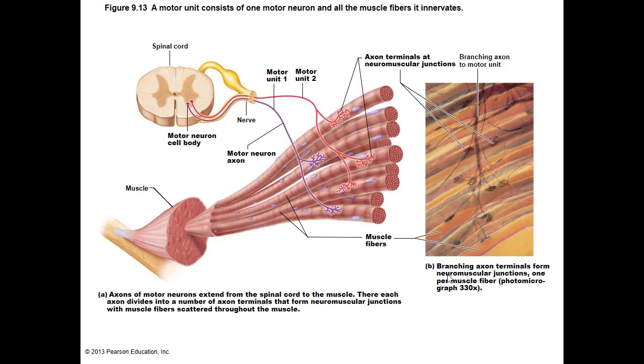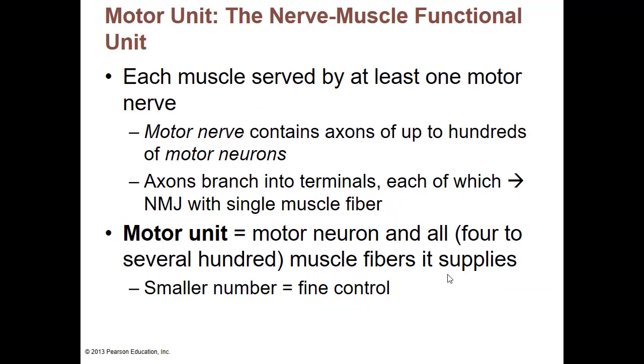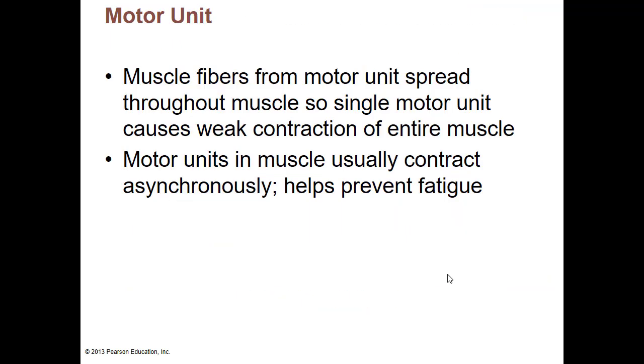So it causes a very small contraction in your muscle, almost to the point you're not even going to see it. If I'm telling my muscle to contract, I might be contracting, but you don't see it, only because just a few of those fibers are actually moving at a time. It could be more than that. I think for ease, they only drew it this way. It can actually branch to several hundred fibers.